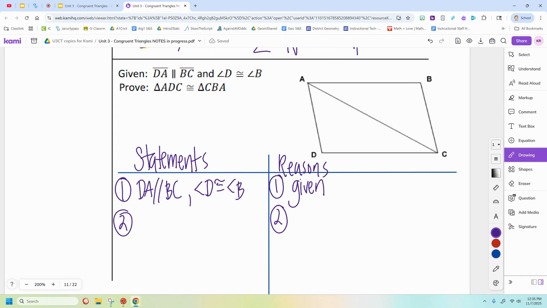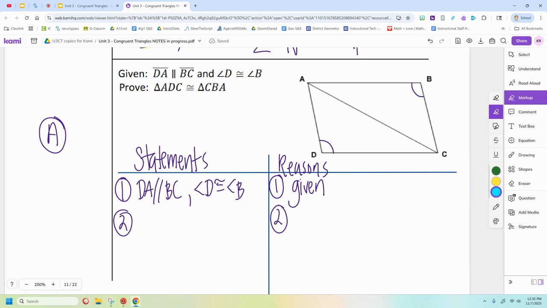Then we have angle D congruent to angle B. So at this point, we have only one set of angles in our proof, right? And now this is where I would, because there's not a lot of marking on my picture to distract me, I'm picking up my highlighter.